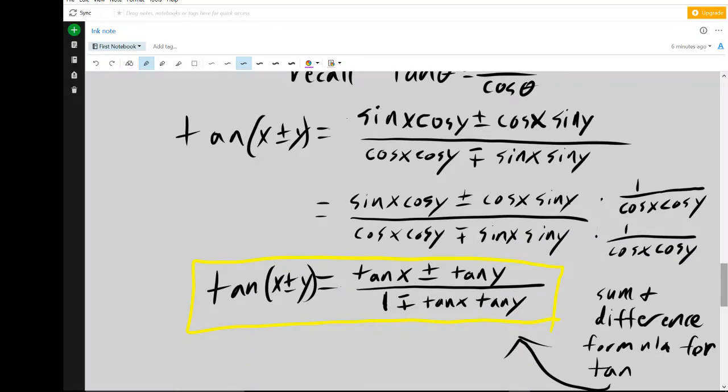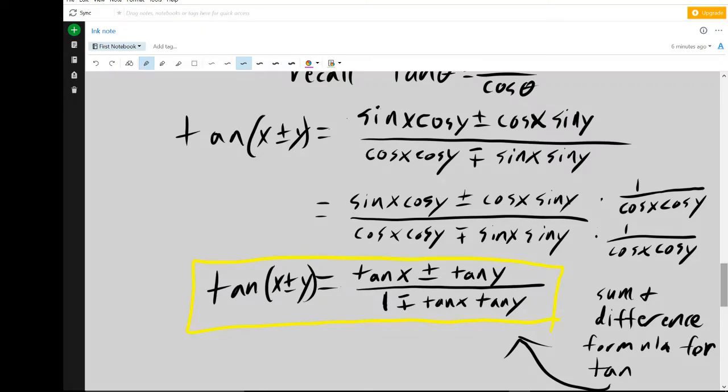What I find is that the first term cancels out to be tan x. The second part of the top, the numerator, is going to cancel everything out to become tan y. All right, so this is working out well. We have to multiply the bottom, what we multiply the top by.